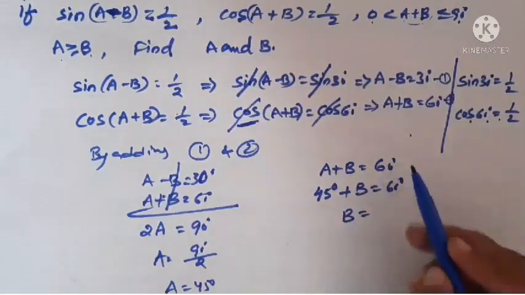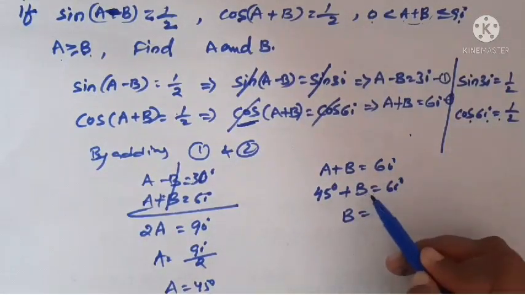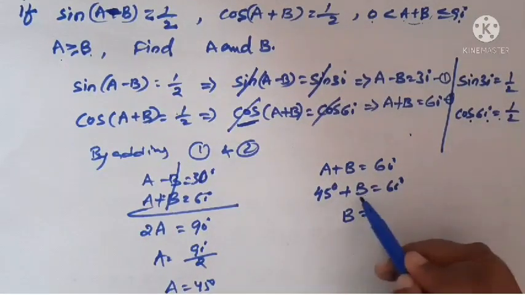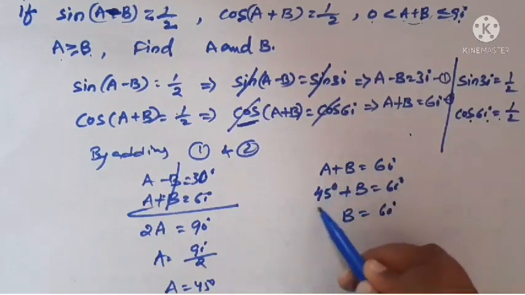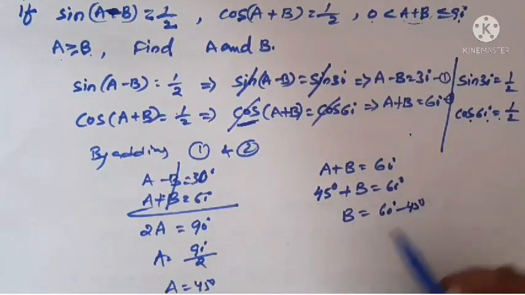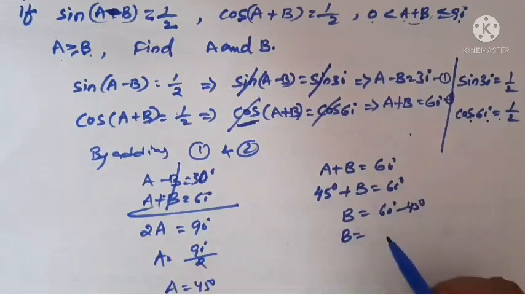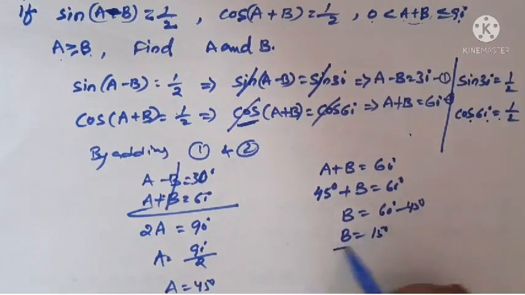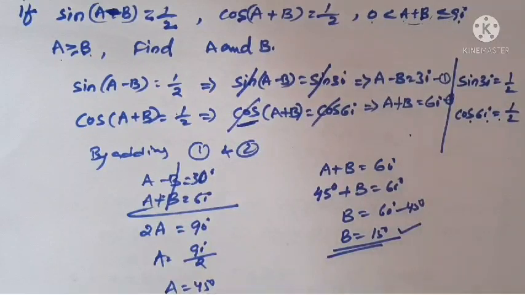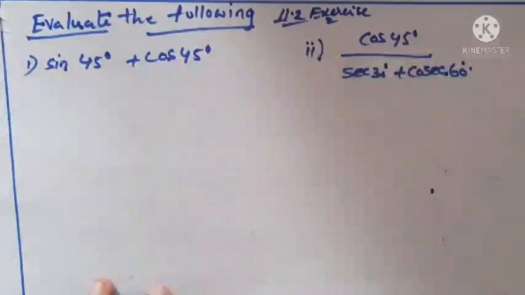B equals 60 degrees, and the 45 moves to the right side and becomes minus 45 degrees. So B equals 60 minus 45, which is 15 degrees. This is the B angle. We observe the sum of the two angles is equal to 90 degrees, and angle A is greater than angle B. These conditions are satisfied. Okay, so this is the problem solving.